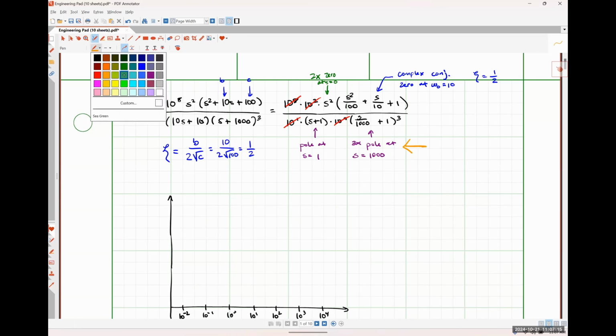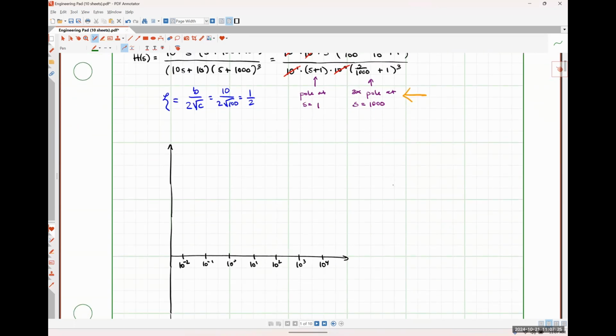All right, so we have a twice repeated 0 at 0. So remember that means that we cross the axis at s is equal to 1, and we're going to have a slope of positive 40 decibels per decade because it's a repeated 0.